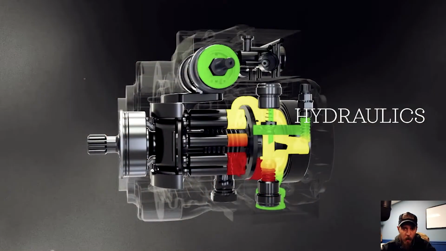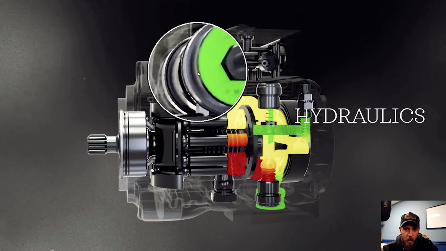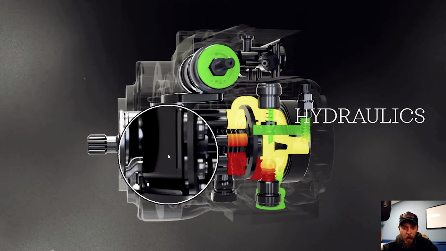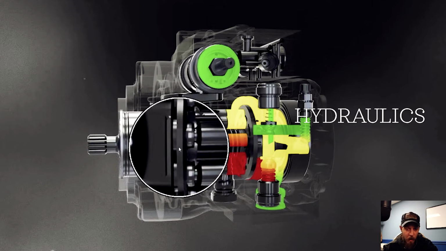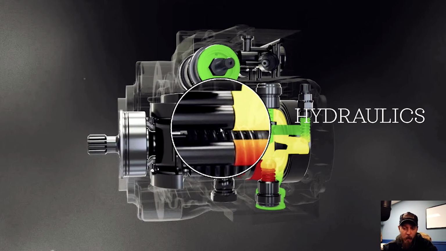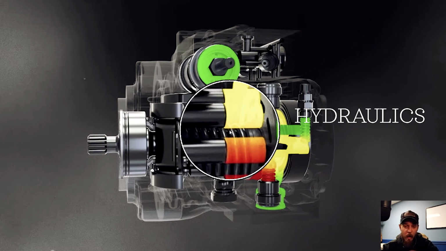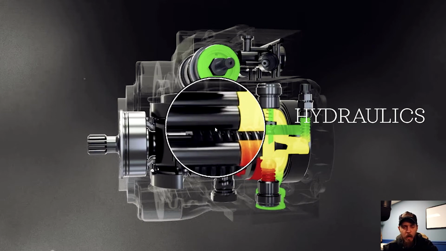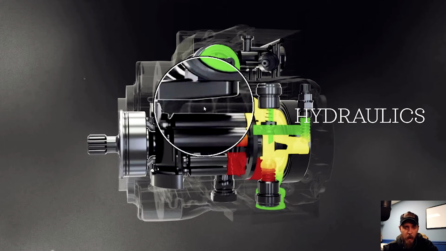So if we switch over to the PowerPoint, what we have here is a very, very common hydraulic pump. In this case, this is what's called a rotary piston pump. Works very much the same way as an internal combustion engine with some differences. Right here, you've got your barrel.